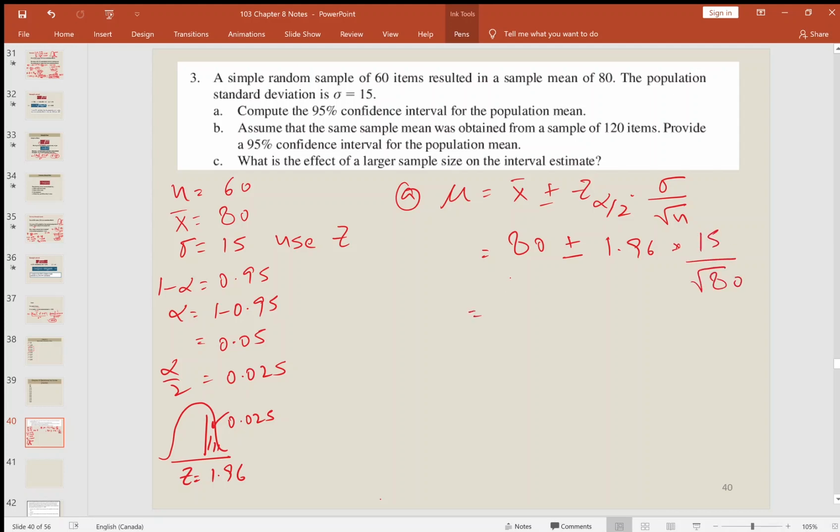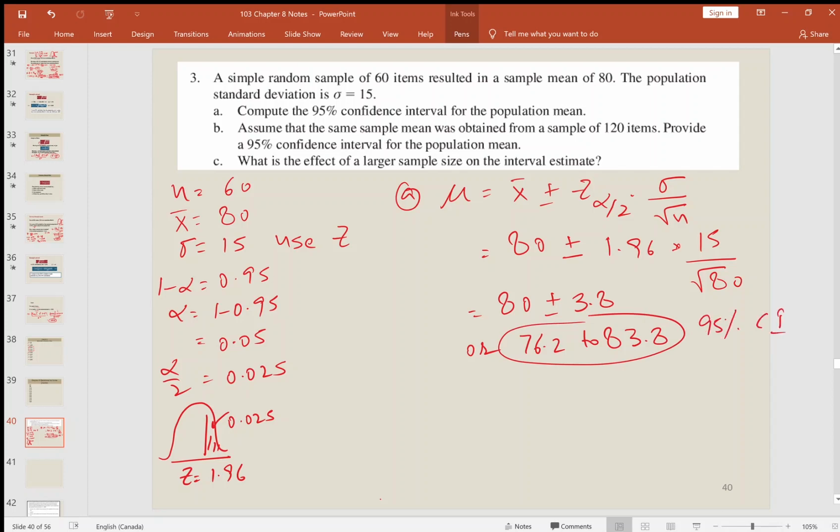So this comes to 80 plus or minus 3.8, or 76.2 to 83.8. So that is your 95% confidence interval.